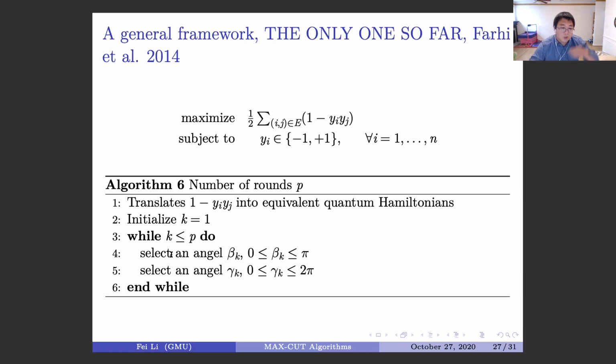So you apply the matrix operators beta sub K and gamma sub K, which will be introduced in the next slides. So you start with the initial state and then apply several matrix operations over that.